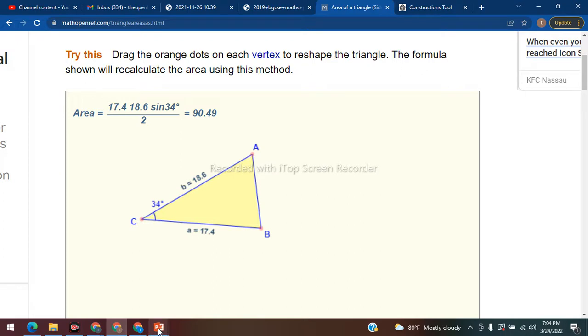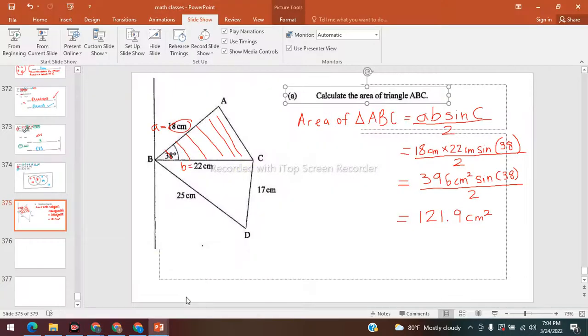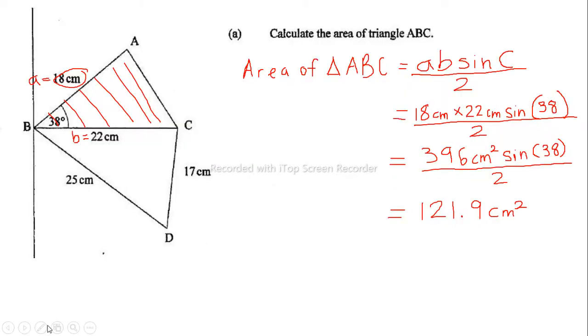Oh, Nancy, come on. This is the area of this thing, not the length of the side. Oh my goodness. This is the area of this triangle, not the length of AC. All right. Are we good?